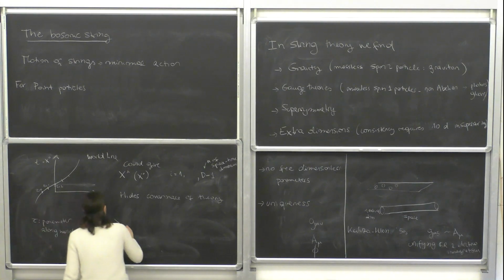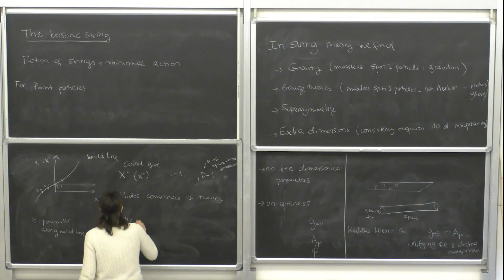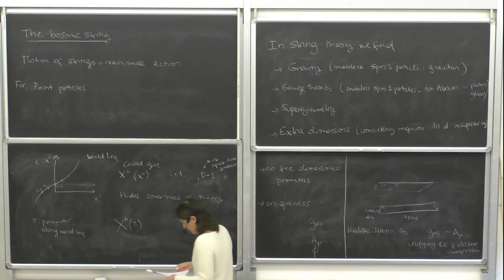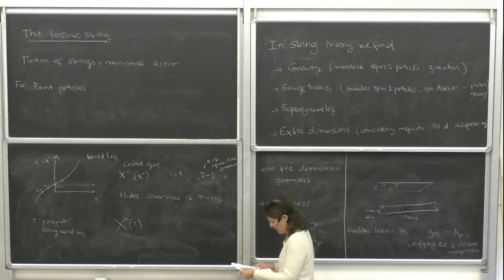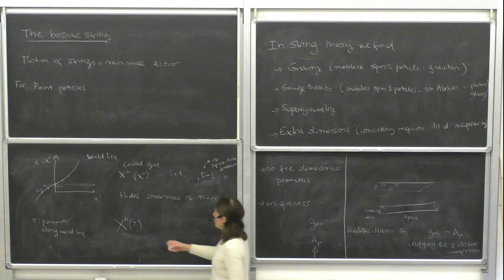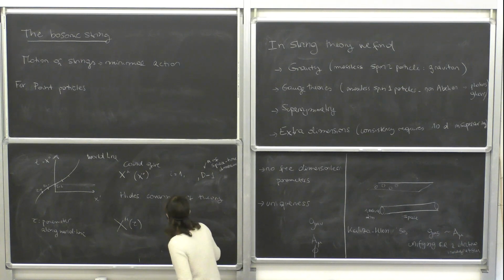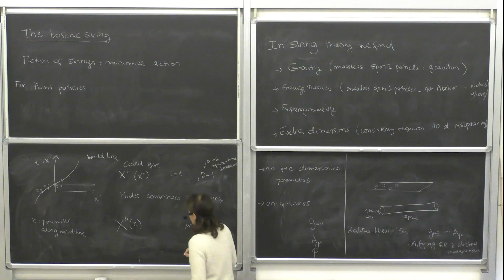And what we do is give x mu of tau. So we parameterize the world line by giving all the x mu, where mu now goes from 0 to d minus 1.